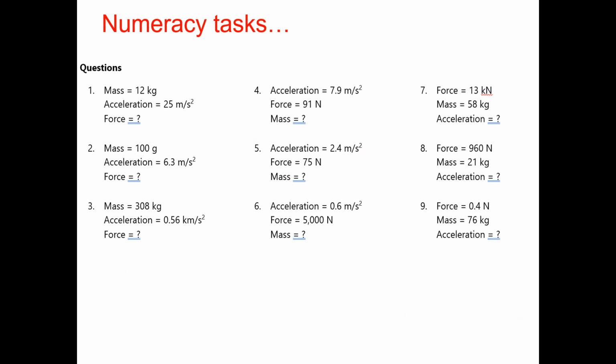And last two. Number 8, again, F equals ma. This time we're asked for the acceleration. We're going to check first, however, that we have the right units, and we do. Newtons and kilograms. So again, we are going to rearrange this. The acceleration produced by this force working on this mass. So we have a force of 960 divided by 21.